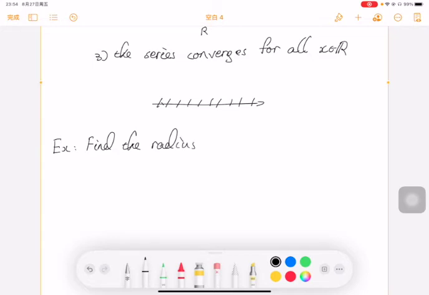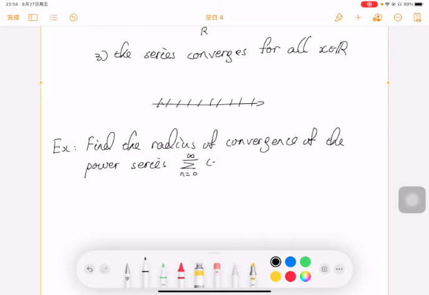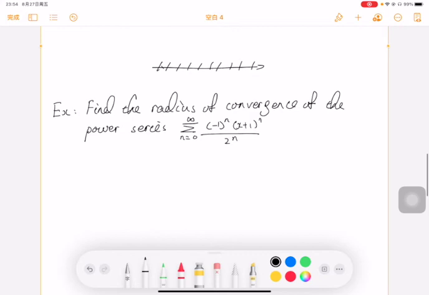Let's find the radius of convergence of the power series sum n from 0 to infinity of (-1)^n (x plus 1)^n over 2^n.